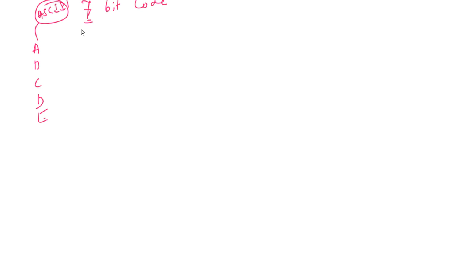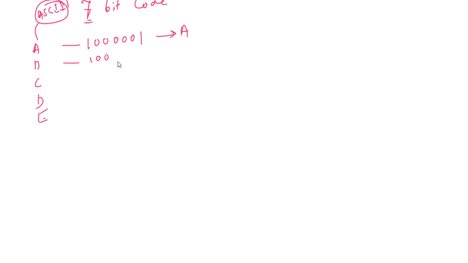For example, for capital A I can write 1 0 0 0 0 0 1. How many bits are there? 1 2 3 4 5 6 7. This is a default code. This is the code for capital A. And for B, 1 0 0 0 0 1 0.